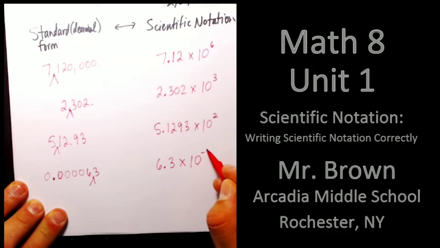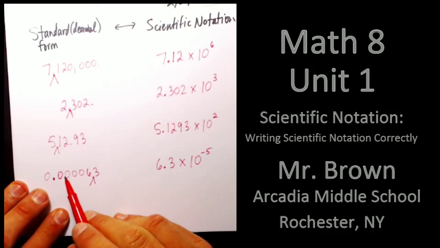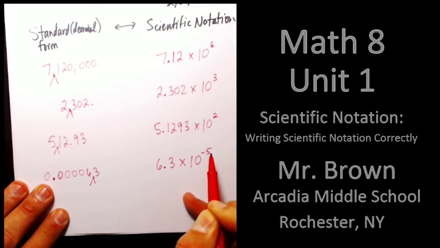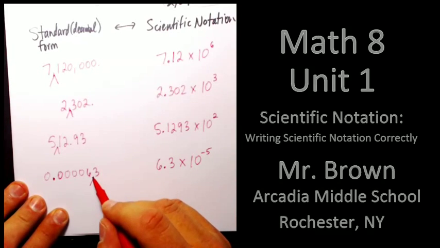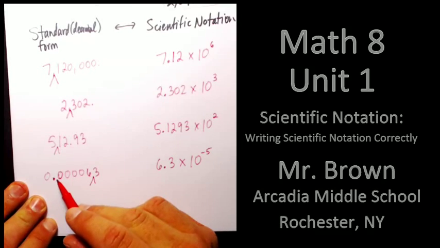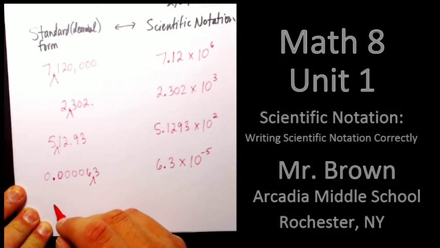We'd have to move it back 5 places. Some people make the error of just counting the number of zeros and putting that as the power. Remember, this power tells you how many places you need to slide the decimal to get back to the original location. Here's another one.